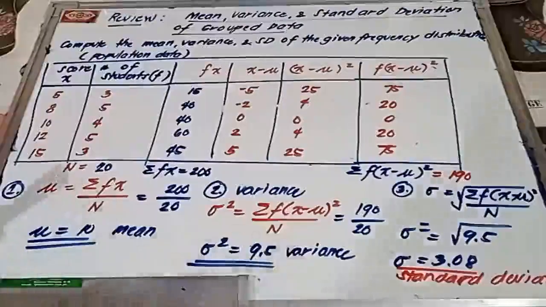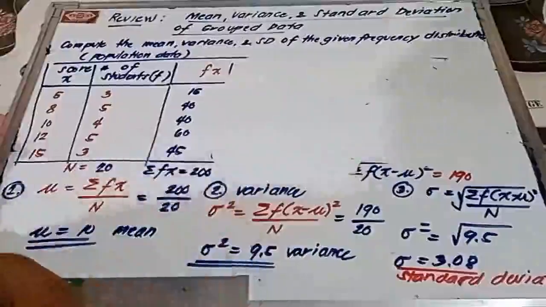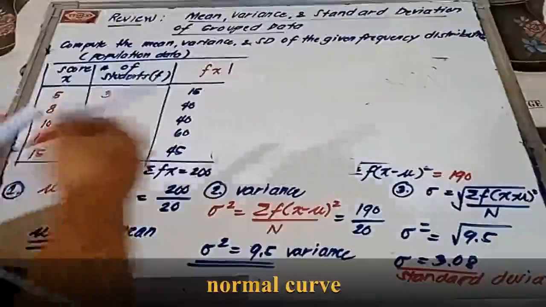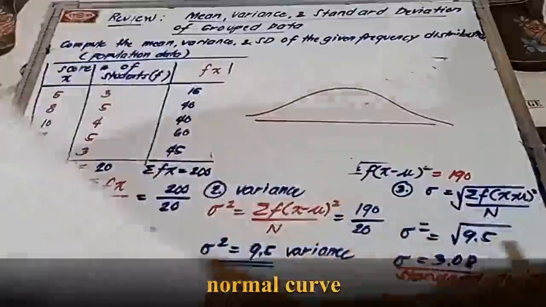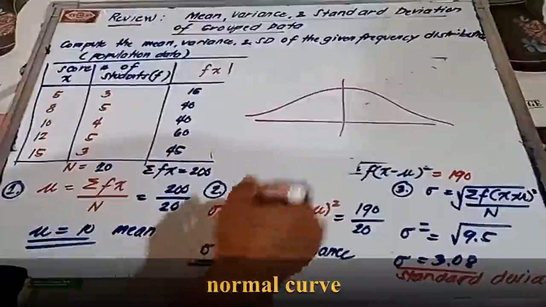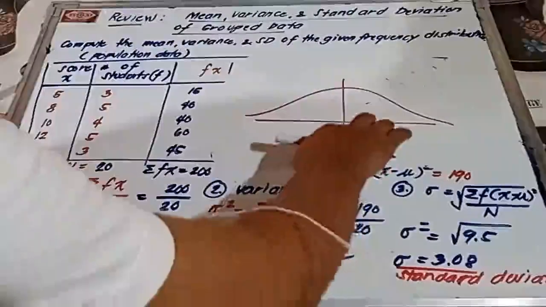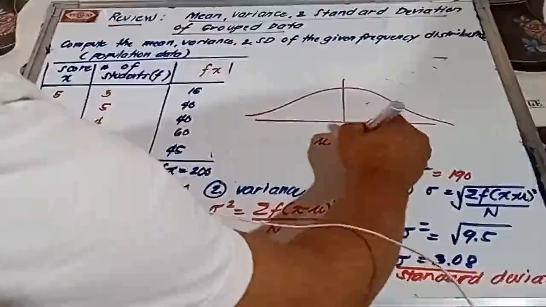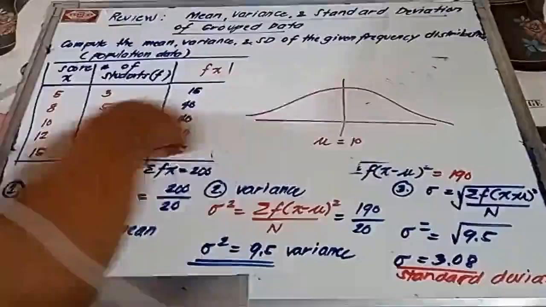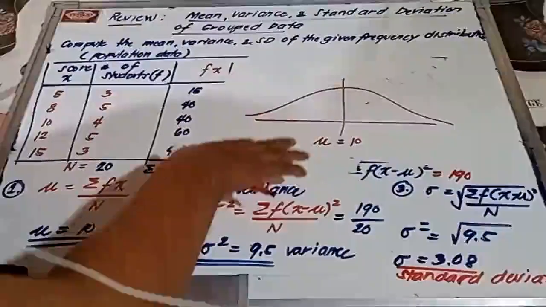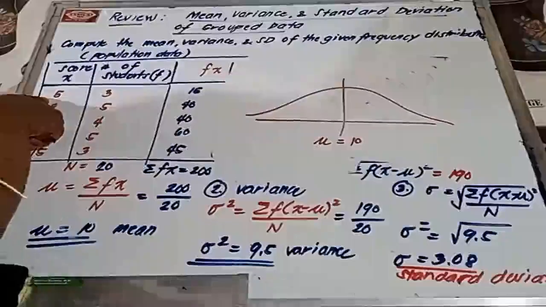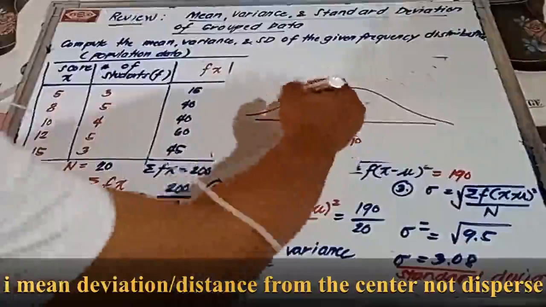So if we have here a normal distribution, just like this one. Okay? So ito yung center natin, yung pinakamataas. Nandito yung ating mean. Ang mean natin, gamitin natin ay mu kasi population. 10. So itong mga to, nagdi-disperse yan. Yung dispersion niya from the center. Ito, ang dispersion nitong score na to from the mean is 5 units to the left.